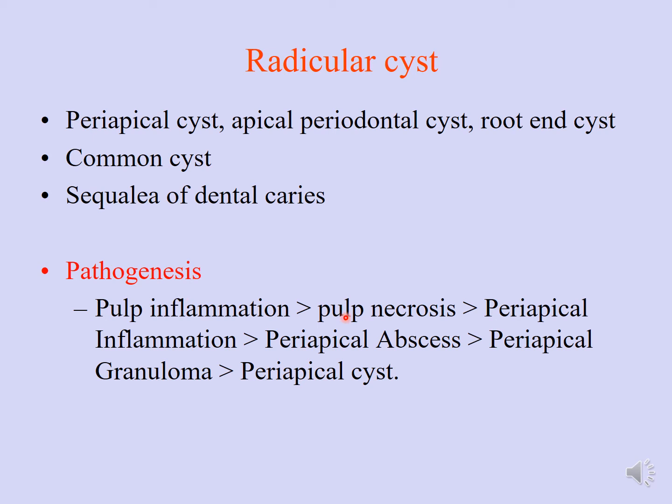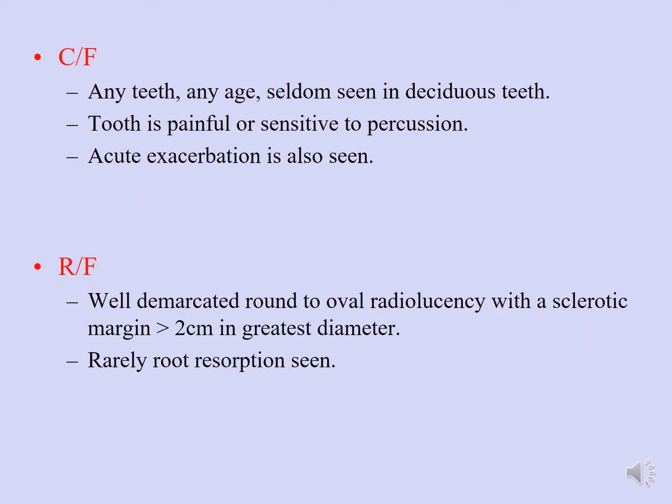So pulpal inflammation leads to necrosis, right? And periapical inflammation leading to an abscess, further to a granuloma, and then to a cyst. So this is the pathogenesis. Now, something important when it comes to radicular cyst is the pathogenesis, as well as the theories of expansion of cyst. All right, so I'm going to elaborate on that in due course.